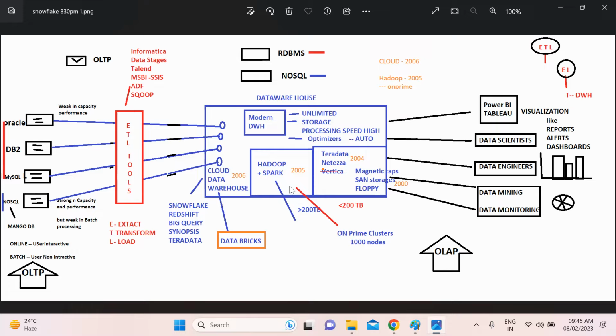But whereas in a data warehouse like Snowflake, first it will extract the data from the sources and load the data. It won't utilize resources to transform unnecessarily. When you want to transform, at that time it will transform. First, you extract, load, and then transform.